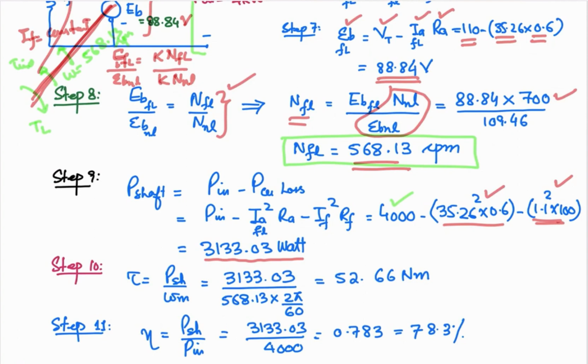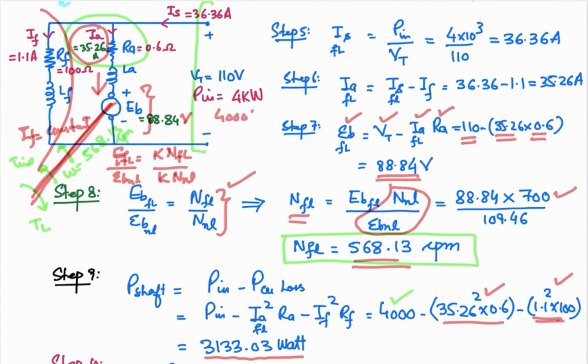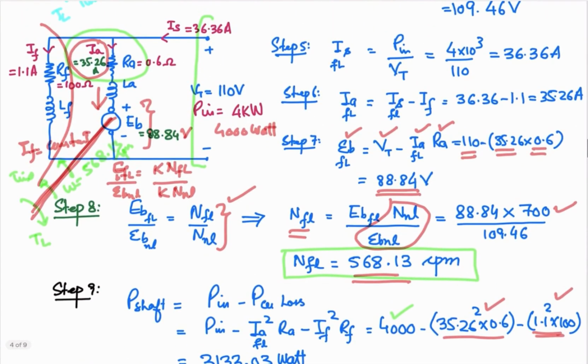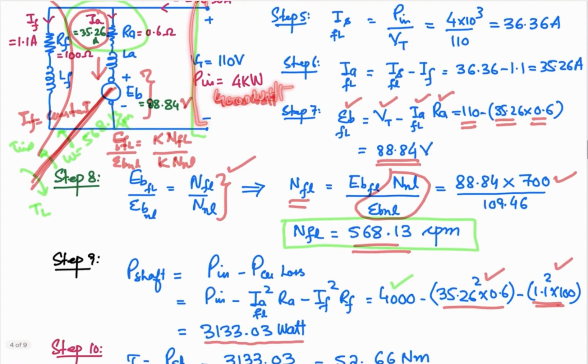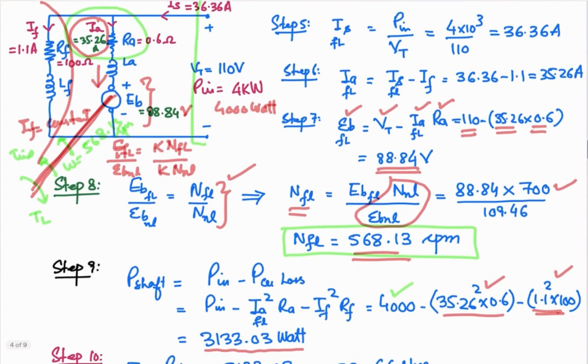Okay, so now the efficiency. The output power, that is the shaft power delivered to your load, is 3133.03, and the power that you are injecting is 4000 watt. The ratio of these two, the shaft power and the input power, will give you the efficiency, 78.3%.